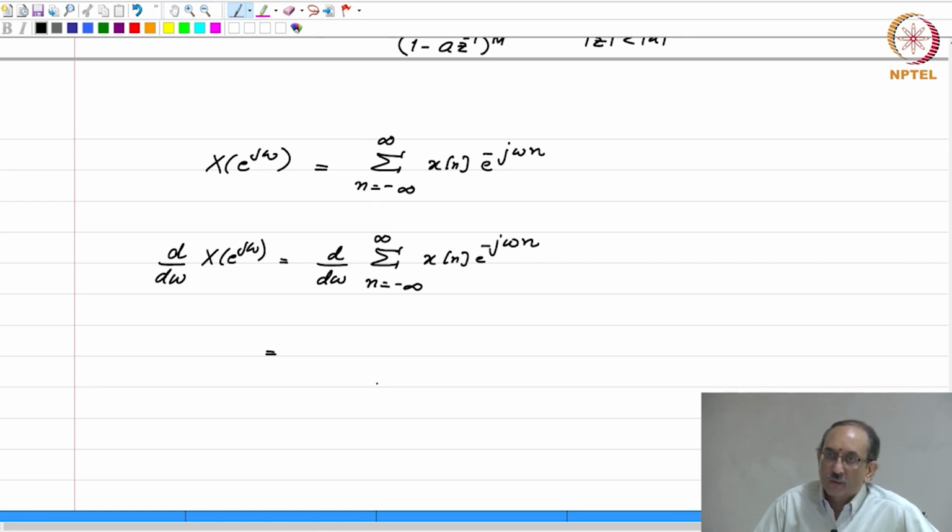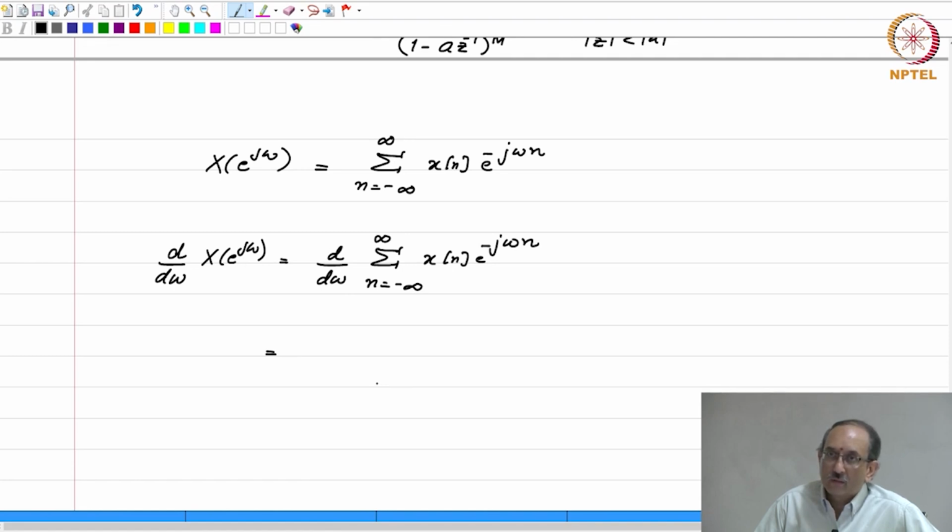Suppose we have a sequence like x of n equals 1, which is the DC sequence, and later we will see that it has a DTFT. This is analogous to x of t equals 1 having continuous time Fourier transform 2 pi delta of capital omega.